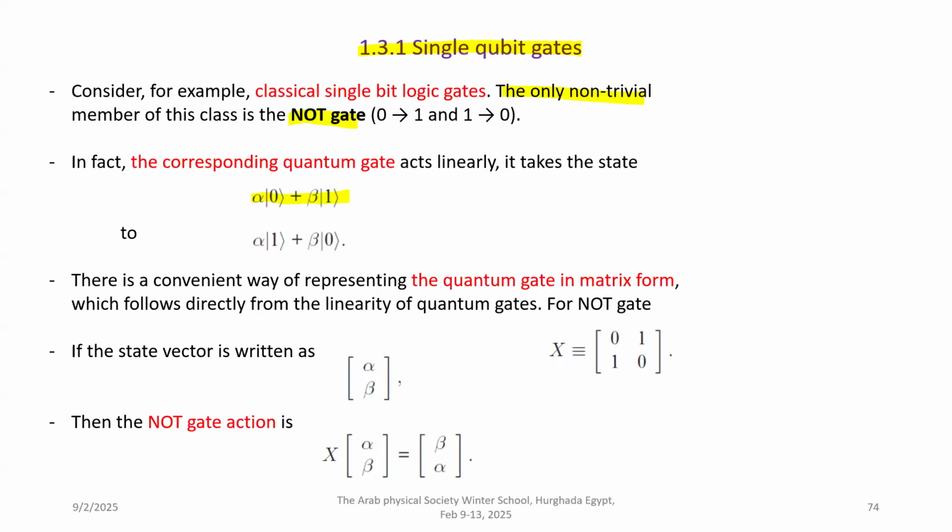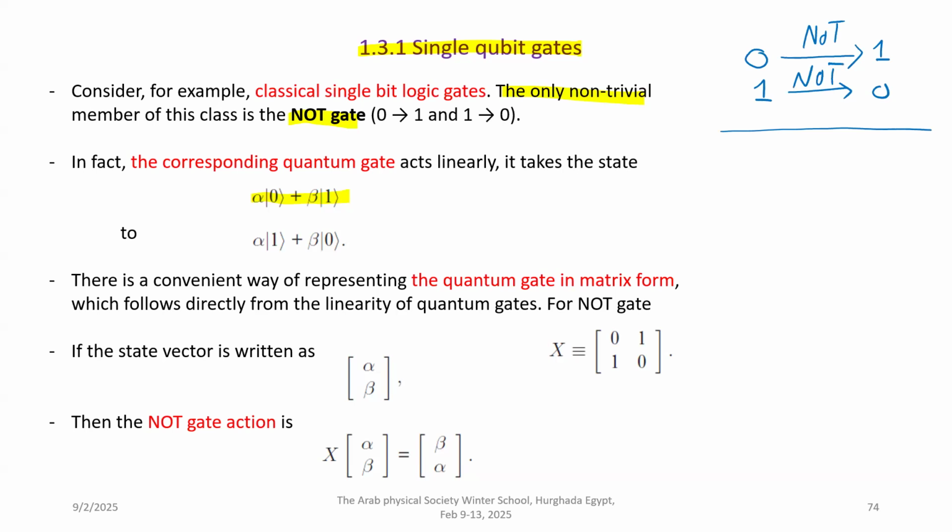So as I said, in the classical case, if you have a 0 and apply NOT, it flips to 1, or if it was 1 it flips to 0. This is what the NOT gate does classically.